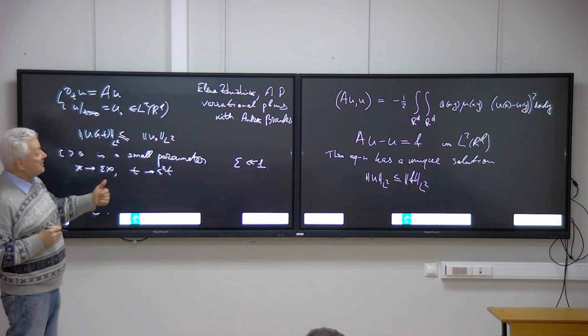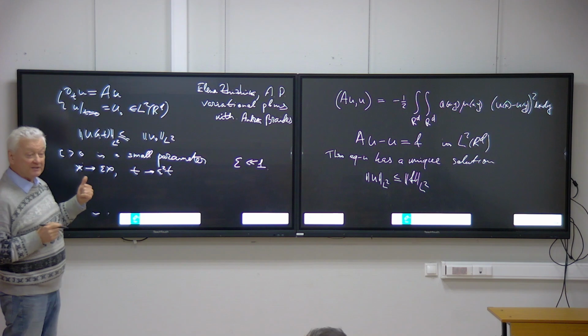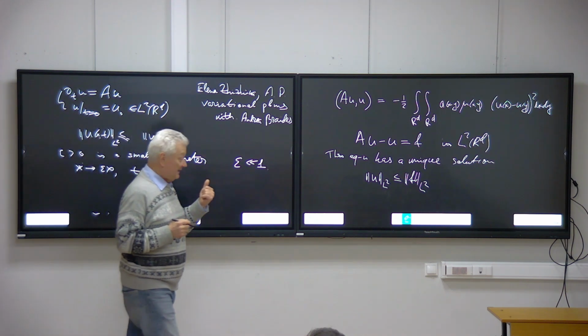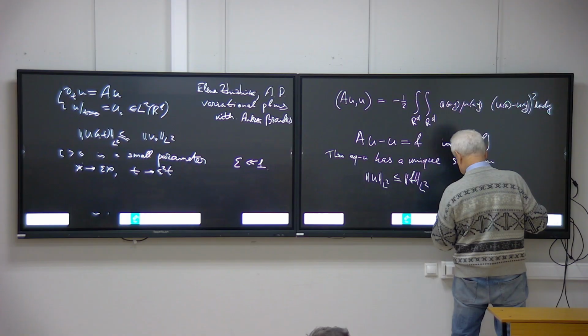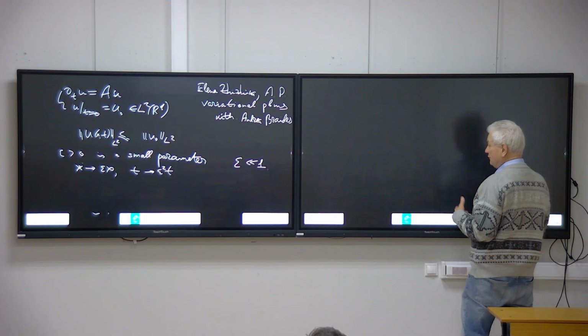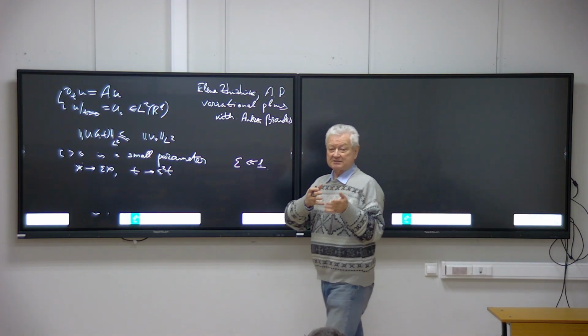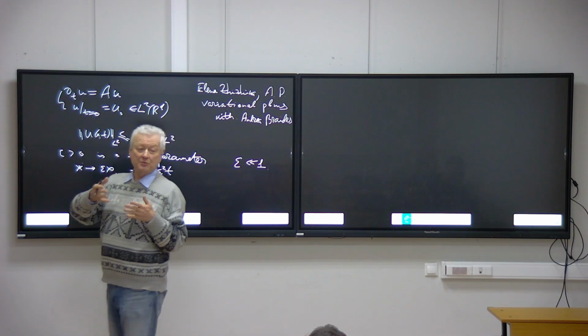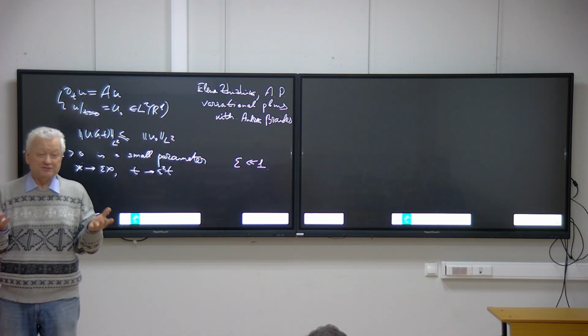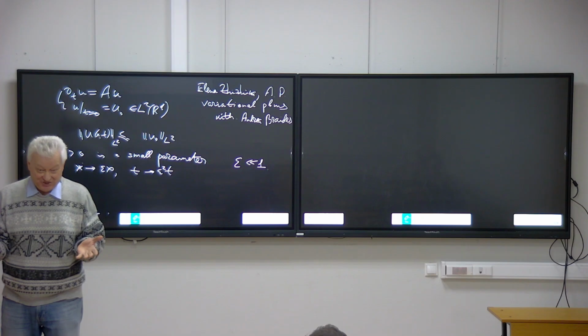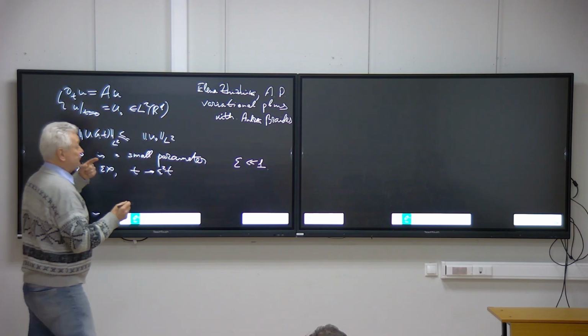And we check what happens to our operator under this scaling, our parabolic equation. You know, for instance, that the standard heat equation is invariant under the scaling. If we do the scaling, the heat equation remains unchanged. Here we will have the following picture.